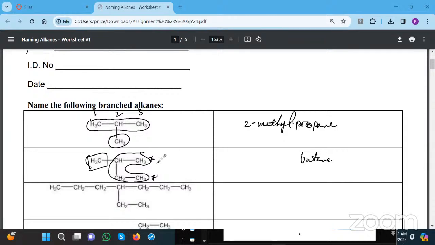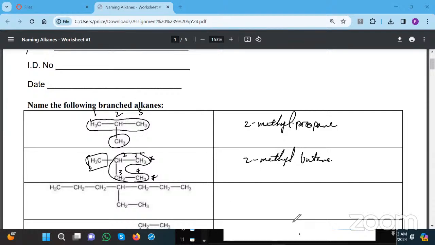So from which end would you start numbering from? From here or here? The top one or the bottom one? The top one, exactly. 1, 2, 3, 4, right? So basically, what's the name of this compound as a result of that? 2-methylbutane. Very good.